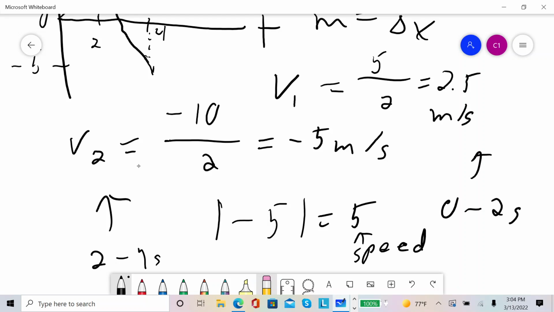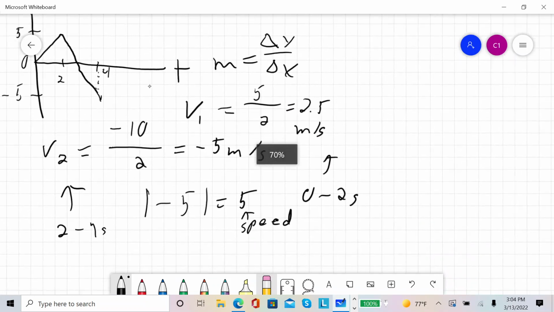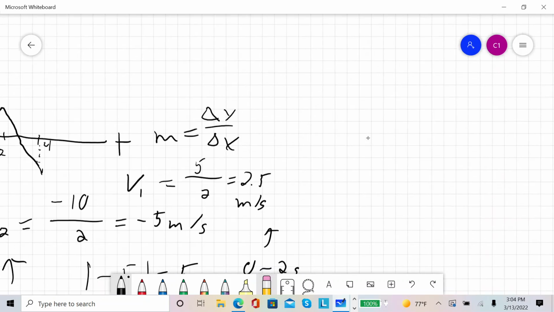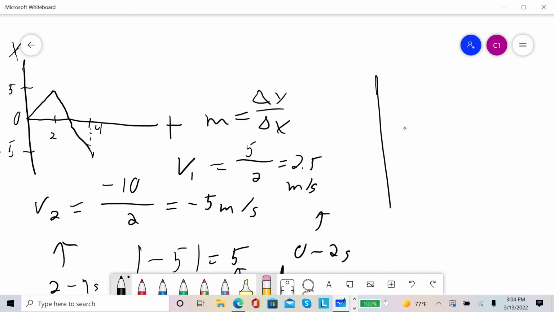All right. Now, if you want to draw the velocity time graph of this, it would look something like this. Where you have velocity and you have time, and you had something like this. So we said that from 0 to 2, I'm just going to label my x-axis here, from 0 to 2, it was at 2.5, say.